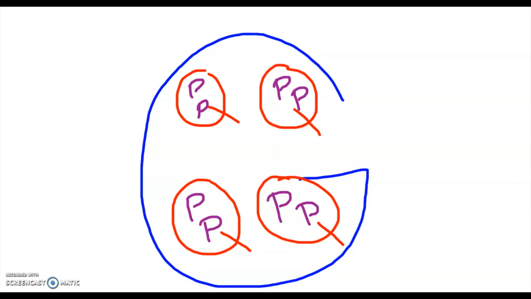Now I don't have room to draw the C's inside, but I'm going to draw a little dot. Inside of each pint, you're going to have 2 cups. So each pint is going to get 2 dots. And then if you remember, each cup stands for 8 fluid ounces.